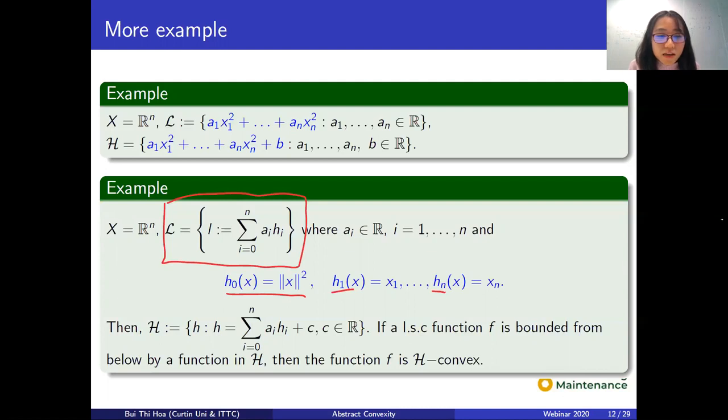Then this space L has dimension n plus 1, and its R-phi space has dimension n plus 2, and all the lower semi-continuous functions which are bounded from below become H-convex. This tells us that if we go beyond one dimension, our abstract linear space becomes too large, which makes all the functions H-convex, and this is not a good thing because the space is too large.